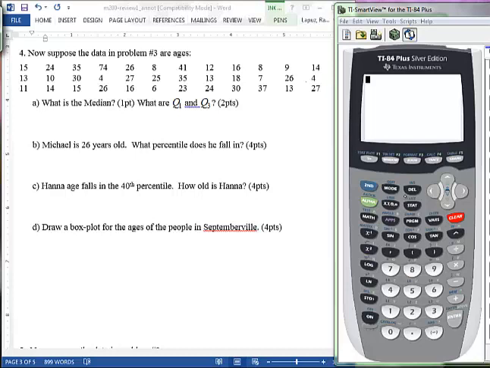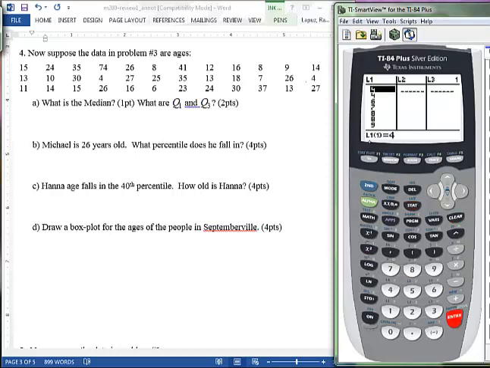But for the sake of speed, if you already have this in your calculators, like we do, we actually have it sorted already, so we can easily go down to the 18th number and the 19th number. It looks like it's 16 and 16, so the mean between the 18th and 19th number is going to be 16.